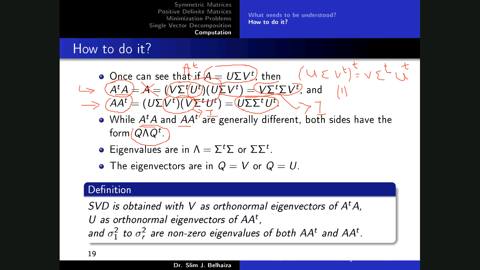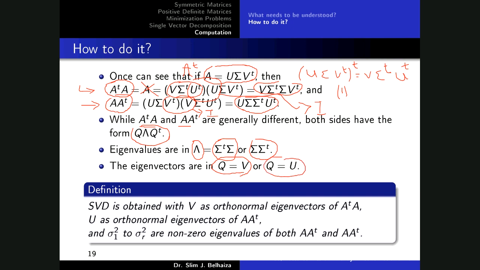So what about computing now the lambdas, I mean the eigenvalues of these two matrices, Sigma^T Sigma and Sigma Sigma^T. And considering that the V's would be the eigenvectors of Q, or of Q on the other side.